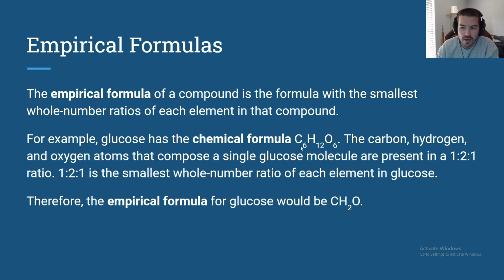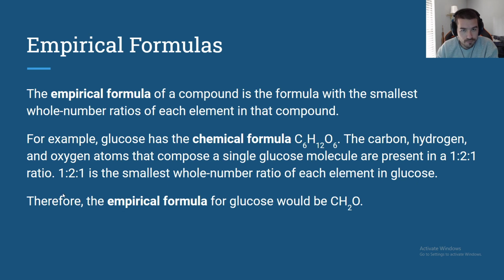We know this, okay? The carbon, hydrogen, and oxygen atoms in glucose are present in a 1 to 2 to 1 ratio. Okay, everybody see that? 6 to 12 to 6. You could sort of simplify that down to say 1 to 2 to 1. Okay? So 1 to 2 to 1 is the smallest whole number ratio of each element in glucose.